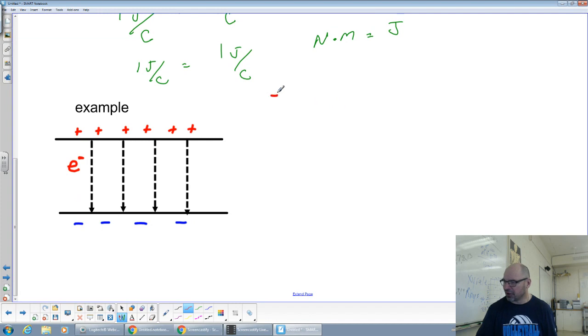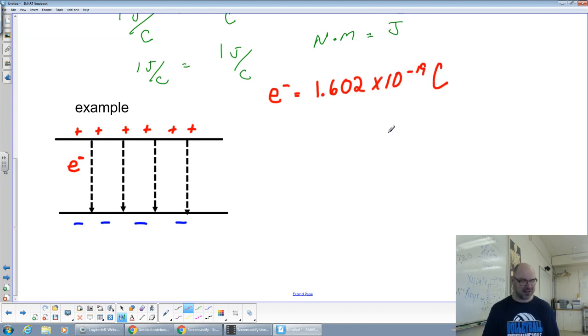So the electron charge, 1 electron is 1.602 times 10 to the negative 19 coulombs. Okay, that's called the elementary charge on an electron.